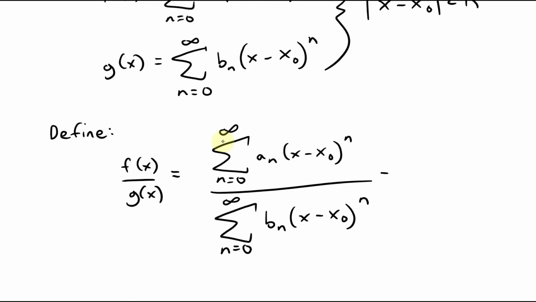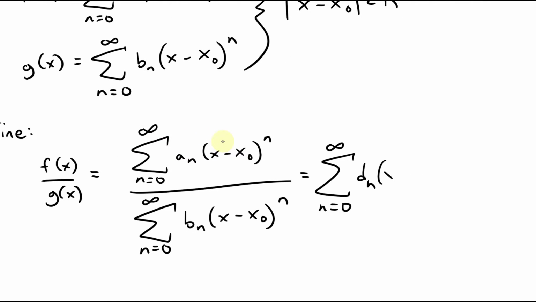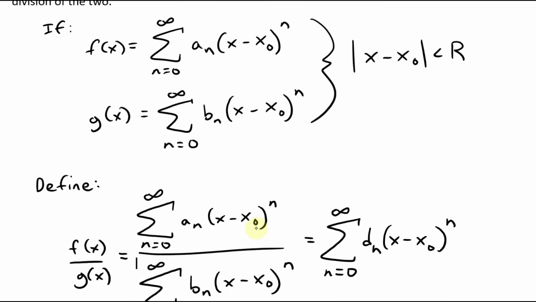And now we're defining this as equaling another power series, with the coefficients now d_n, d sub n, times (x minus x0) to the power of n. Alright, so just moved it over here.